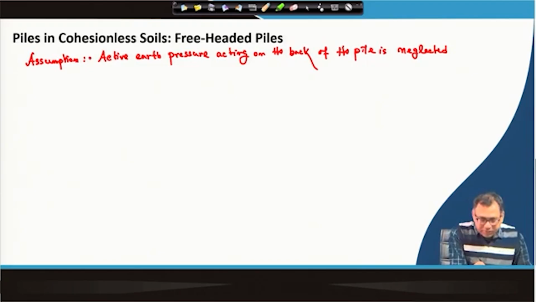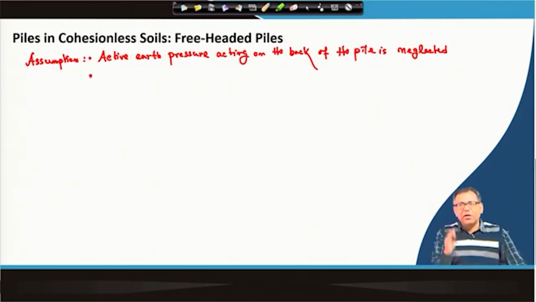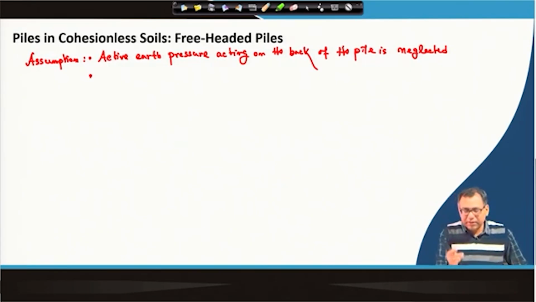Okay, so this is one assumption. We will consider only the passive pressure which is acting along the pile.